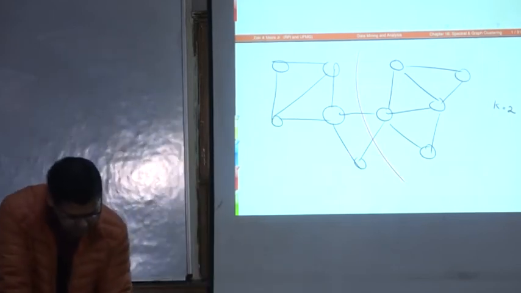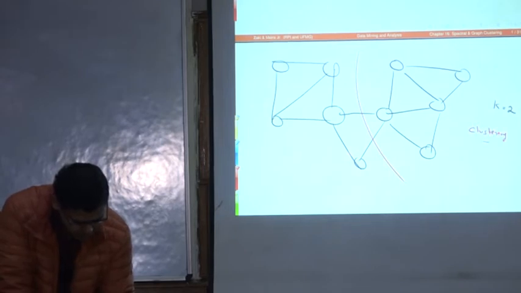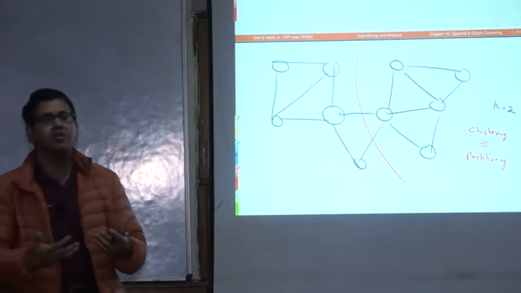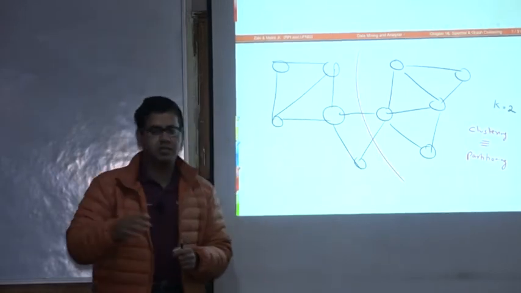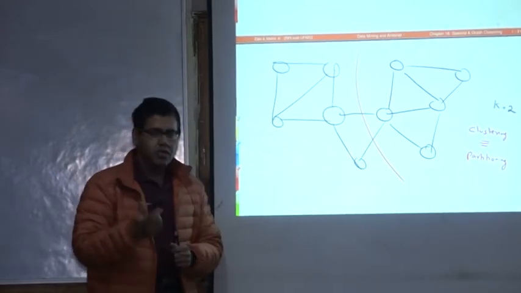So basically clustering and partitioning are more or less equivalent when you talk about graphs. That is, you have to partition the network, you have to cut some edges. Now, what is the goal of partitioning?